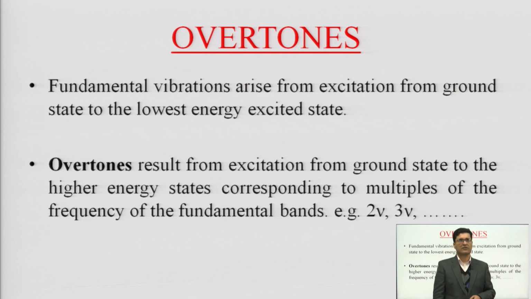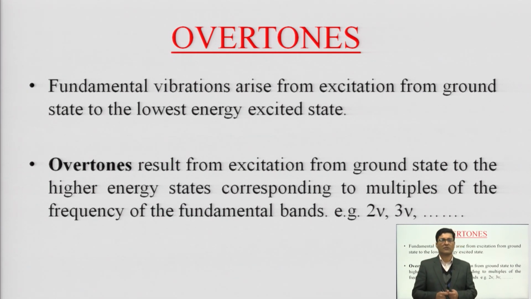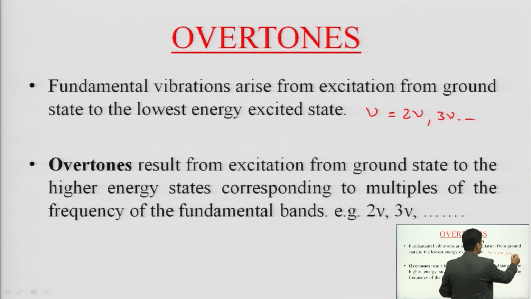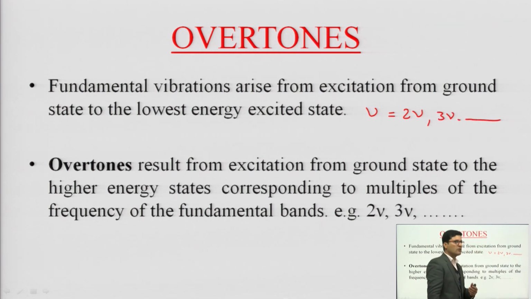Overtone bands generally result from the excitation from the ground state to a high energy state corresponding to multiples of the frequency of the fundamental bands. So, if any fundamental band has a frequency of mu, its overtone is generally observed at double value or triple value and so on. So, overtones are the multiples of the fundamental bands.